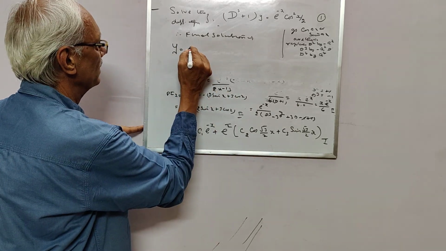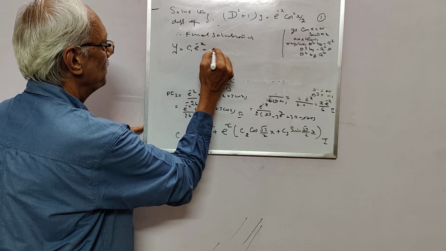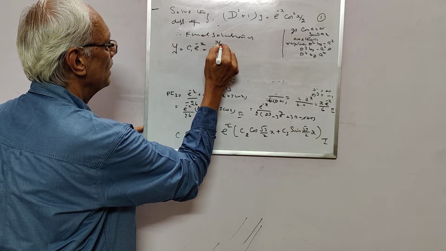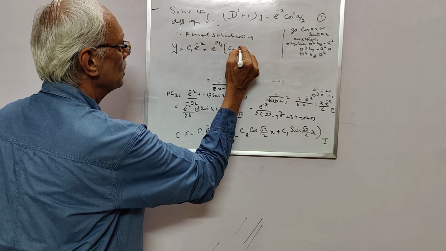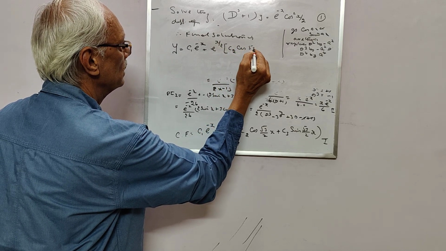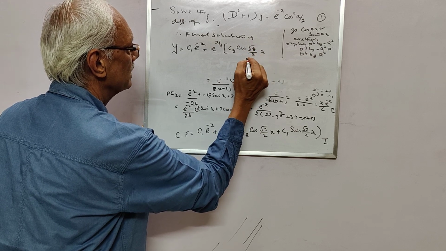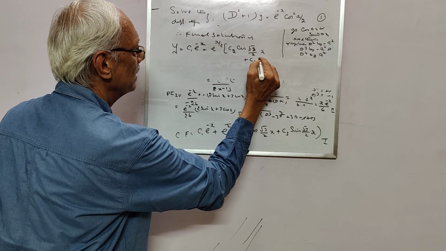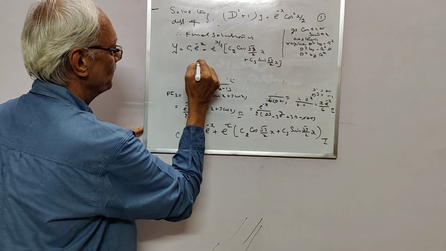This is your complementary function: C1 into e to the power of minus x plus e to the power of x by 2 into C2 cos root 3 by 2 of x plus C3 sin root 3 by 2 of x.